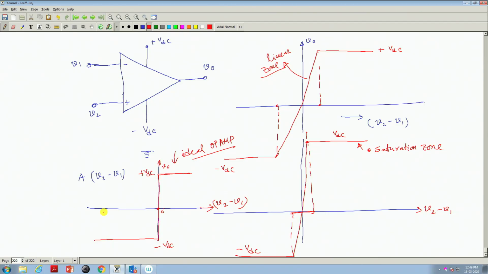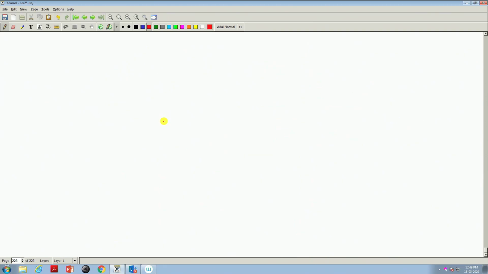So, if you use the ideal op amp circuit in this form, this circuit can be used as, for example, what I mean to say, suppose I have an op amp circuit like this.